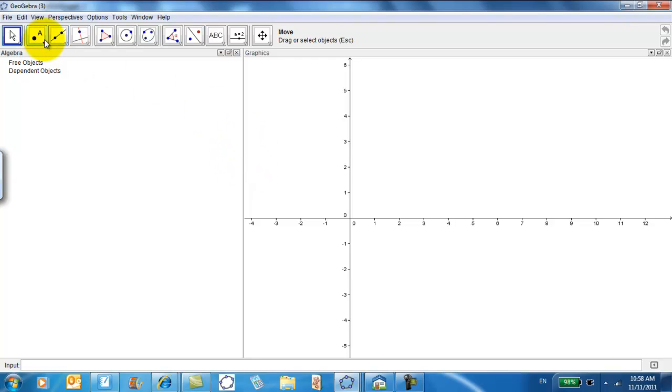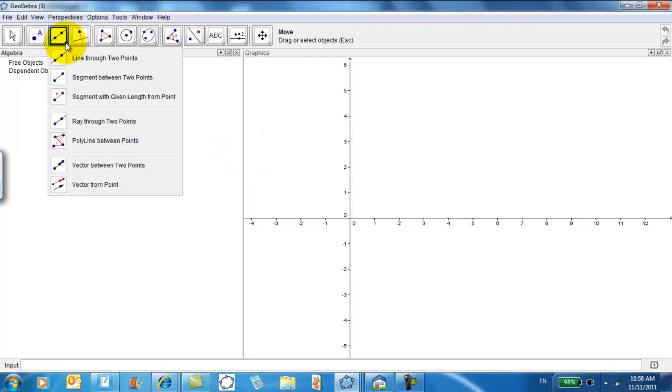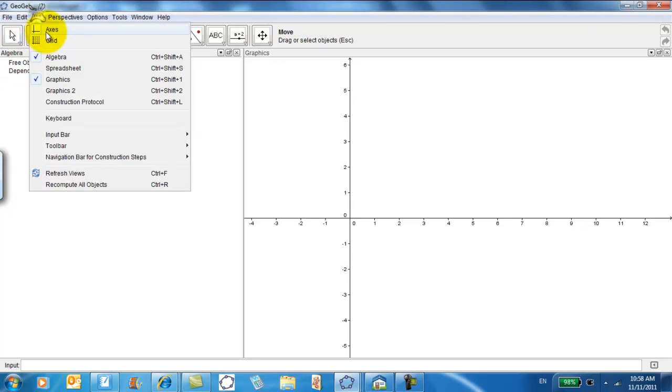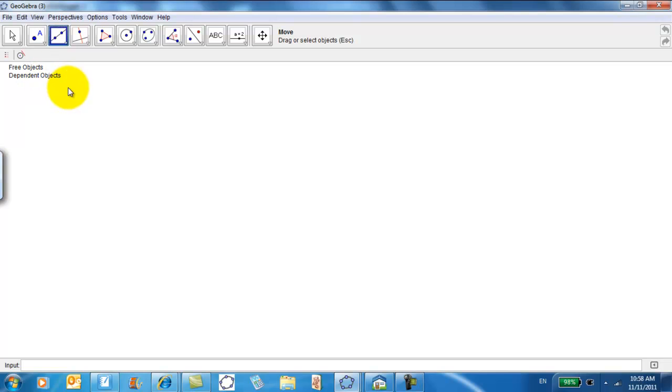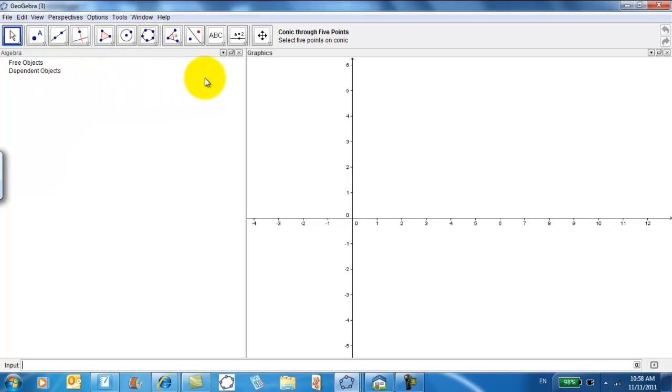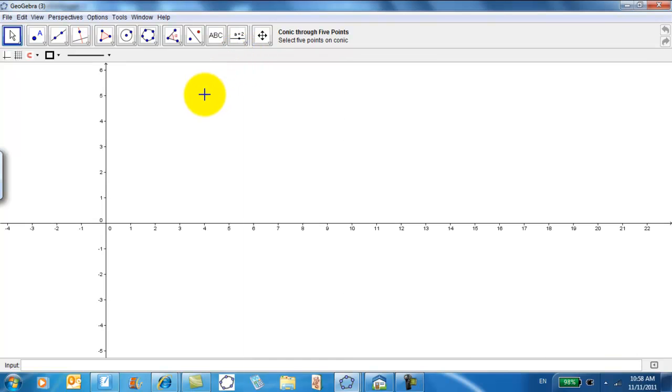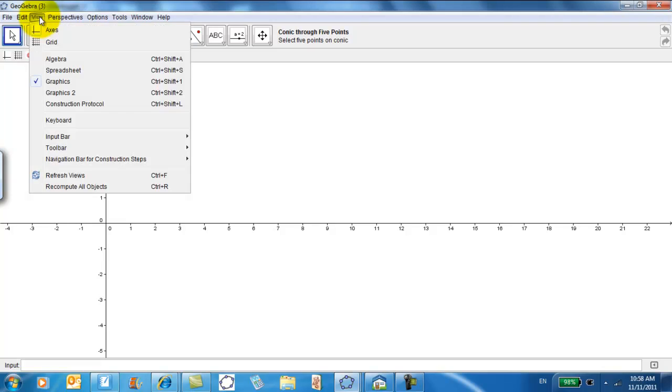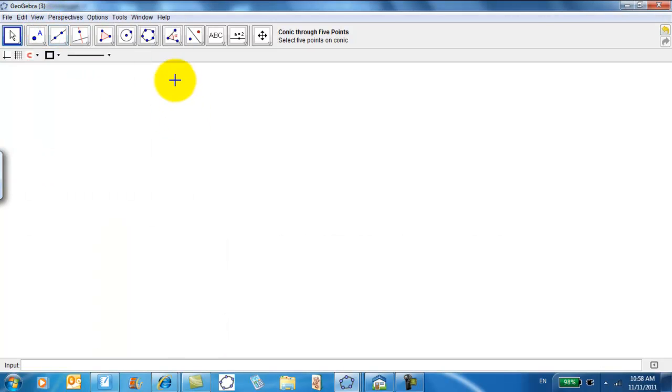And let's go ahead and just ignore that, just view the graphics view, and do a conic through 5 points. View graphics. And let's get rid of this part. Take the axis away.